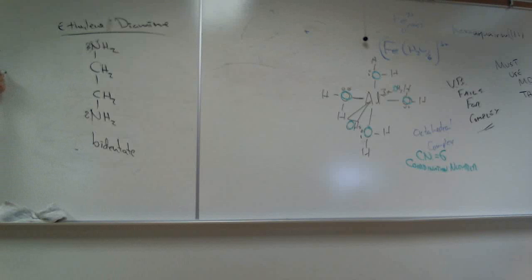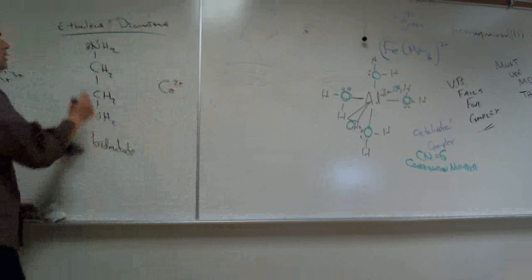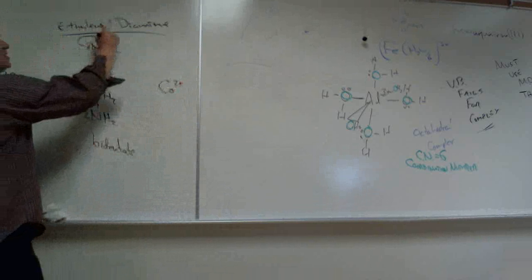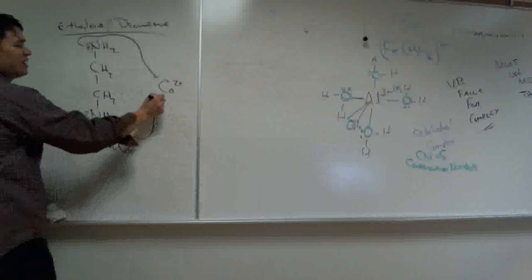Like, for example, let's do chromium 3+ here. Or I'll do this one as cobalt 2+ over here. This one can bite in two places. For example, if this lone pair here bites here, and then this lone pair here comes around and bites there.